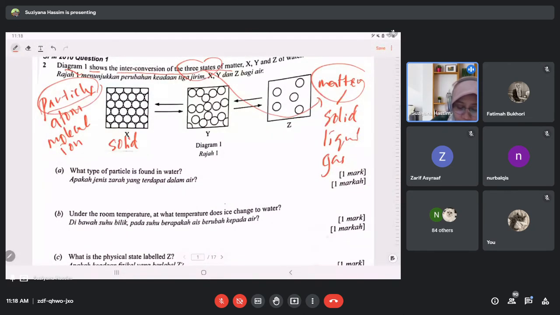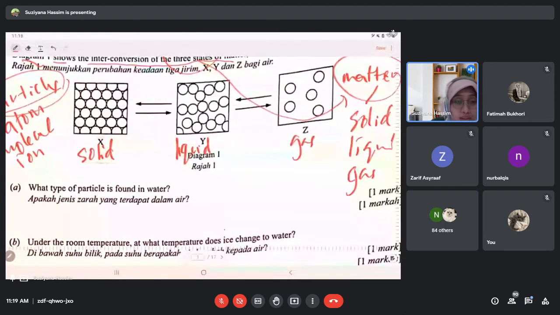X is a solid, Y is a liquid, Z is a gas. Alright, I want to tell you, my dear, if they ask you to draw the state of matter of any substance, make sure if you want to draw the liquid, at least one of the particles must be touching, but not overlapping each other.